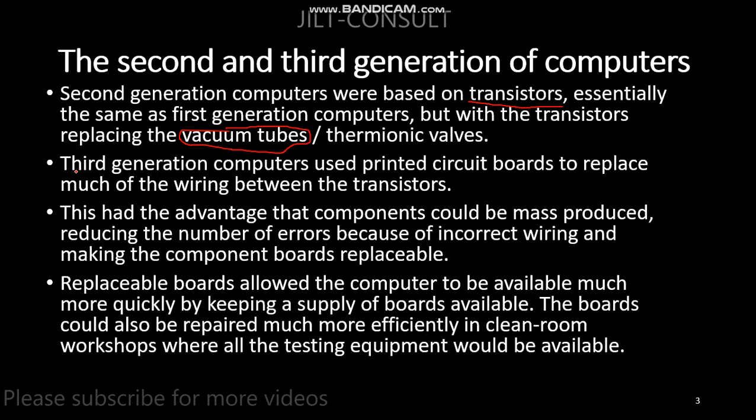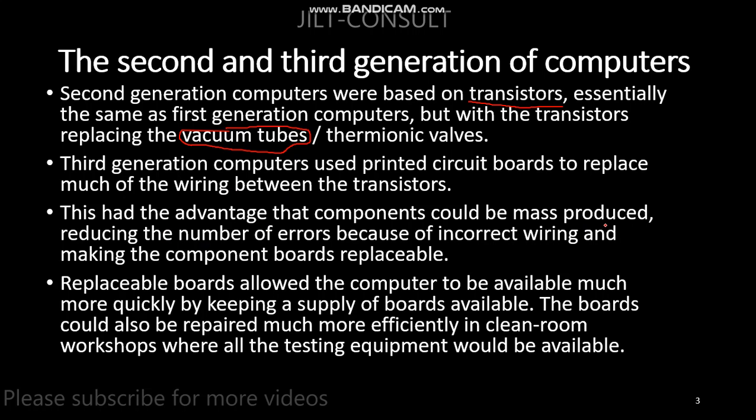Now the third generation computers use printed circuits. So that's the IC, the printed circuit board, to replace much of the wiring between the transistors. This had the advantage that components could be mass produced, making the component board replaceable.